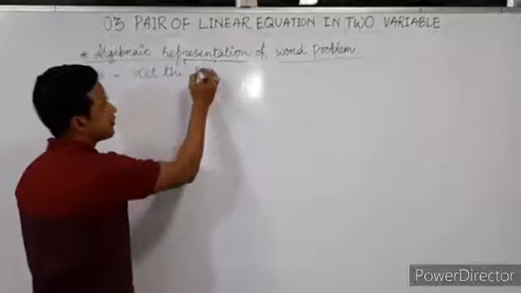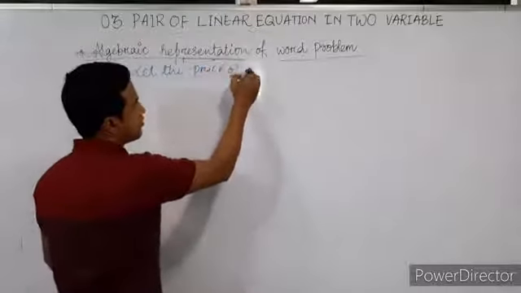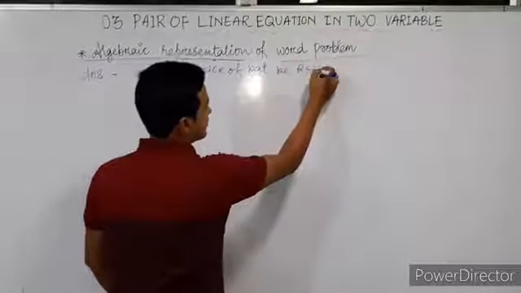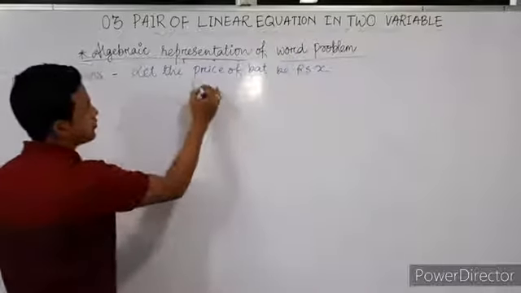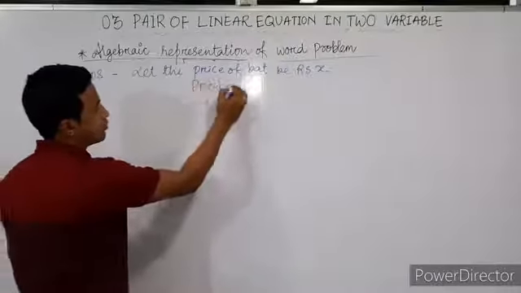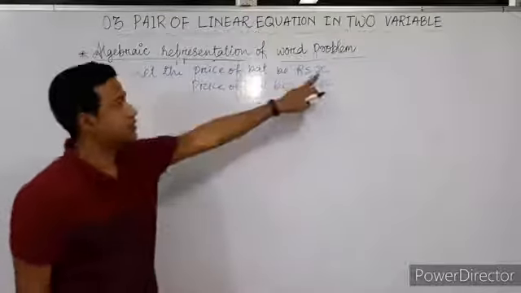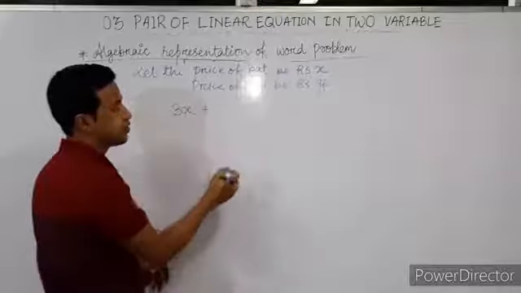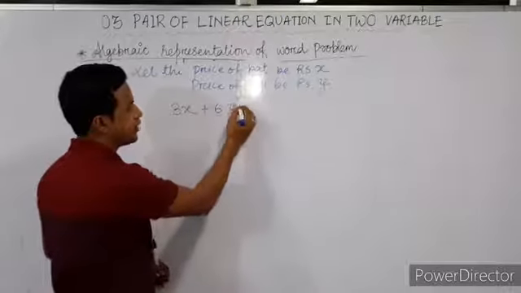So let the price of a bat be rupees X and the price of a ball be rupees Y. First condition: the coach bought 3 bats and 6 balls. So this is the price: 3 bats, 3 into X, plus 6 balls, 6 into Y. So altogether how much are we given?